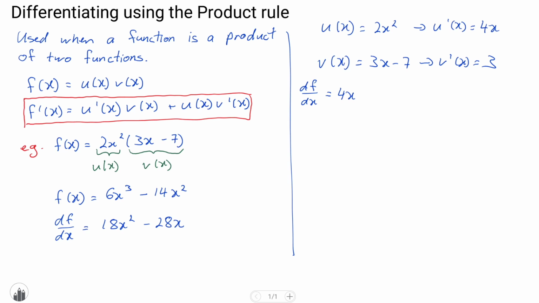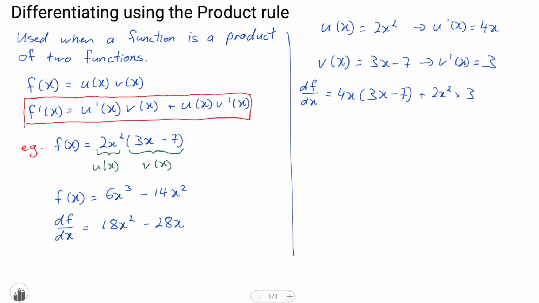Our original function v of x was this one here, so that's times 3x minus 7. Now we've got plus our original function u of x, that's 2x squared, times the derivative of v of x, that was just 3, so this is just times 3.